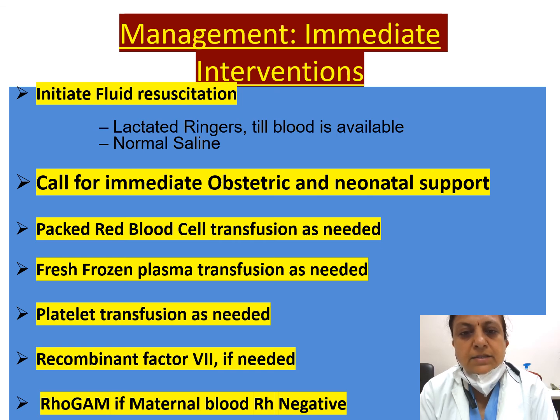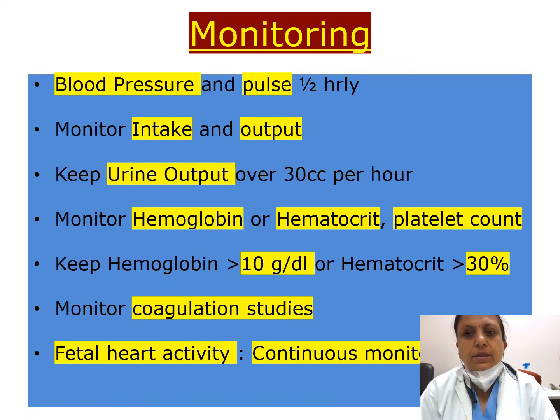Packed red blood cell transfusion is needed, so ask for it. Fresh frozen plasma transfusion is needed and platelet transfusion is needed. Another thing required can be recombinant factor 8 and RhoGAM if the mother is Rh negative. Close monitoring is required. Blood pressure and pulse have to be monitored half-hourly.